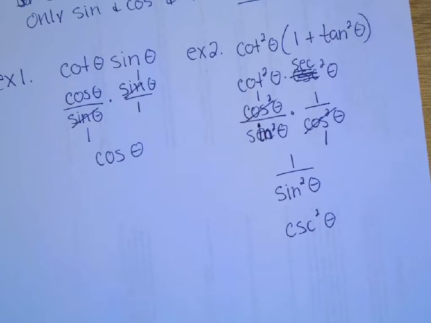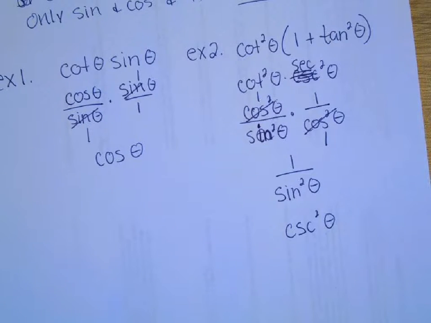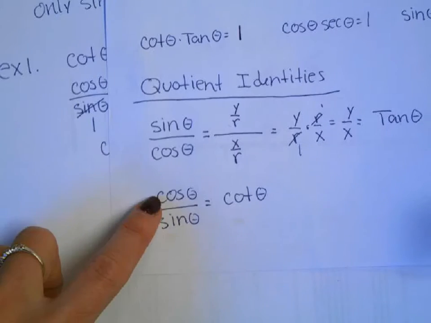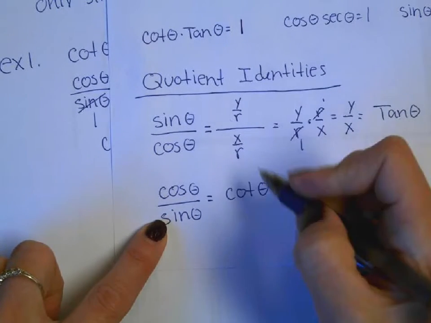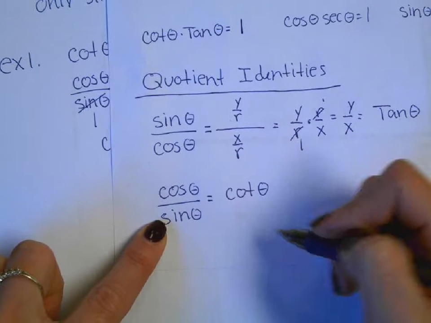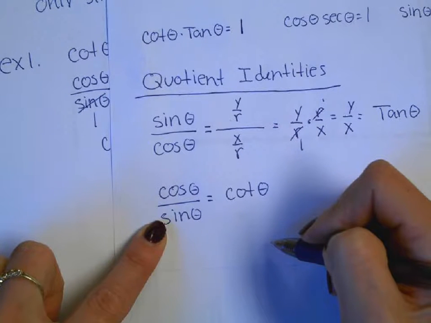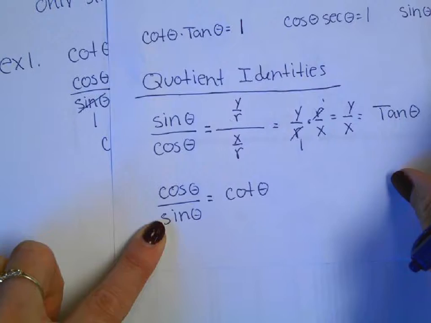Okay? Miss Roy? Yep. How did you go from the cotangent squared, secant squared to the cosine? Cotangent, just cotangent is cosine over sine. So if I've got cotangent squared, I just got to square these. Okay, so what happens to the secant?